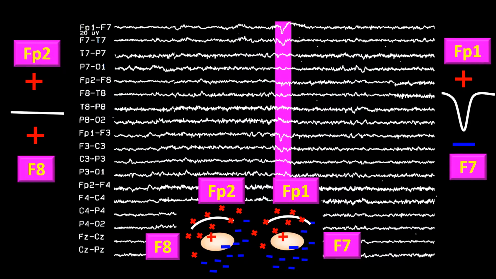Therefore, the FP2 F8 derivation is neutral, whereas the FP1 derivation is positive.